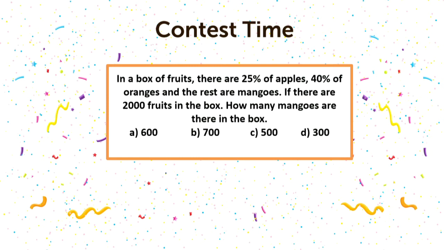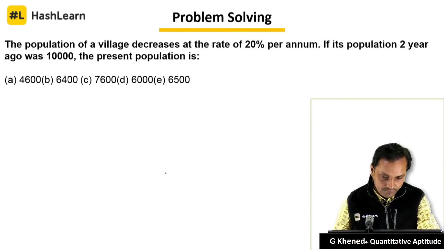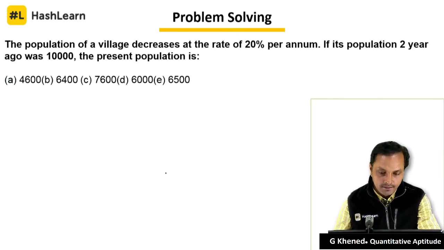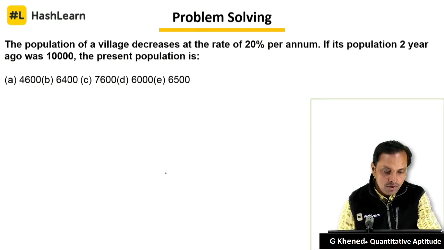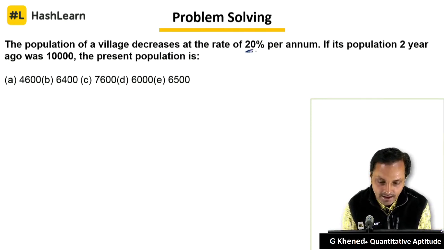Okay, let us come to the problems. Here is one problem again. The population of a village decreases at the rate of 20%. If its population 2 years ago was 10,000, then the present population is, it is decreasing.